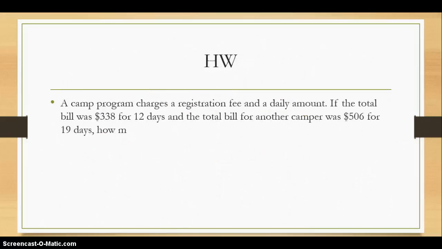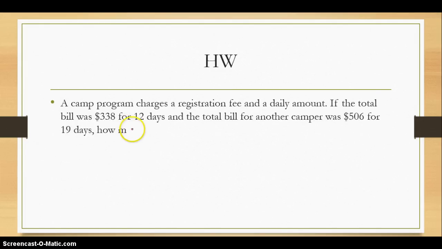So here's your homework. Just one question. The camp program charges a registration fee and a daily amount. If the total bill was $338 for 12 days, and the total bill for another camper was $506 for 19 days. Oops. For some reason my question got cut off.